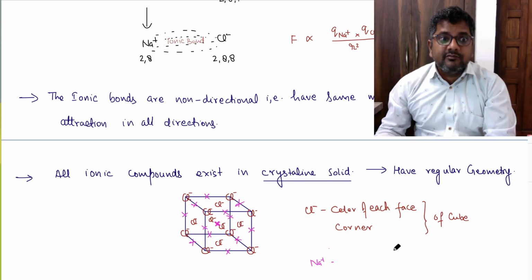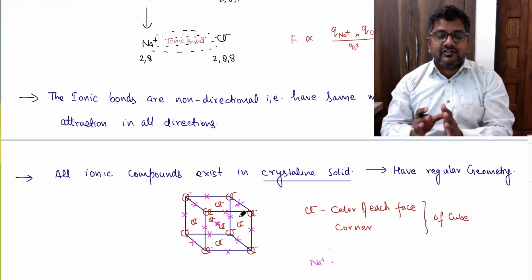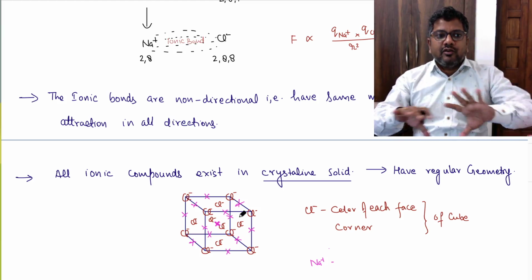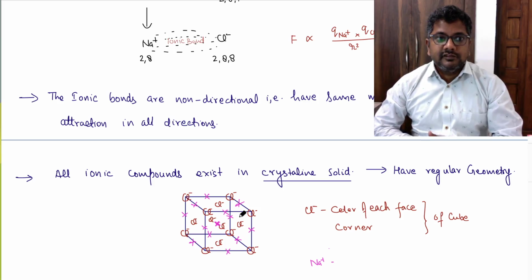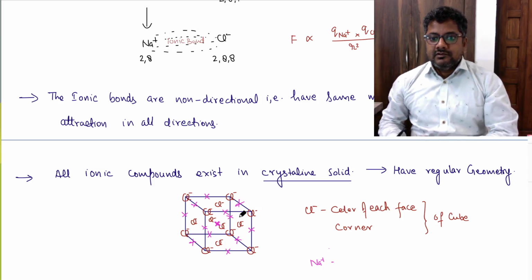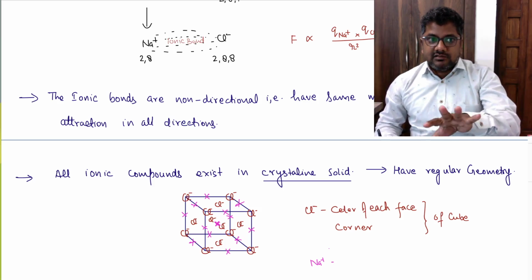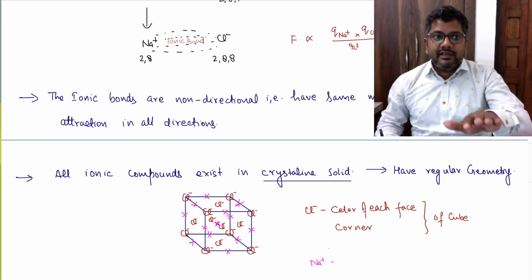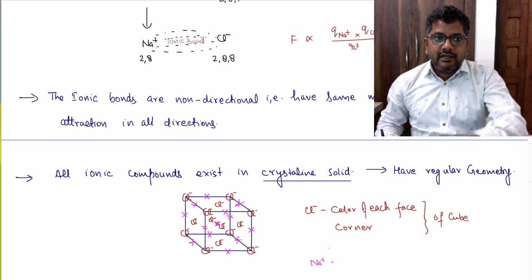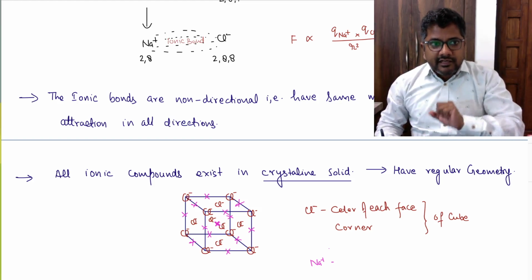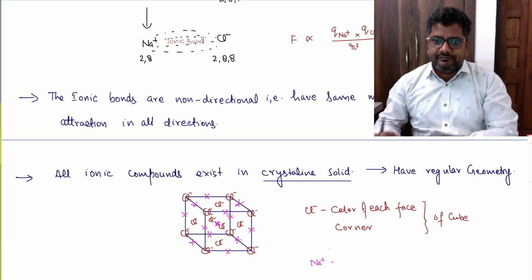See, this is a very, very important point. This is the definition of a lattice, and all ionic compounds will exist in this form, right? Not necessarily in the cubic form, but it may be hexagonal, rhombohedral, tetragonal, or cubic. But the meaning is the same.